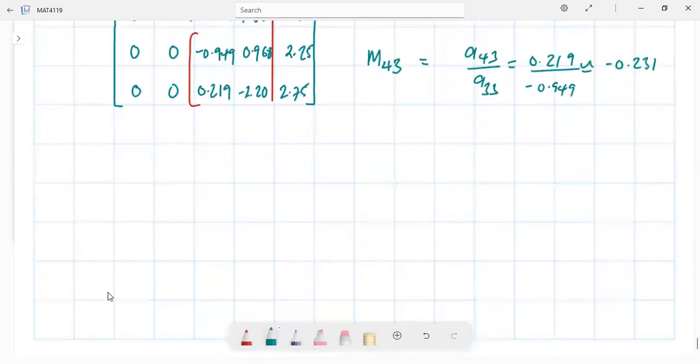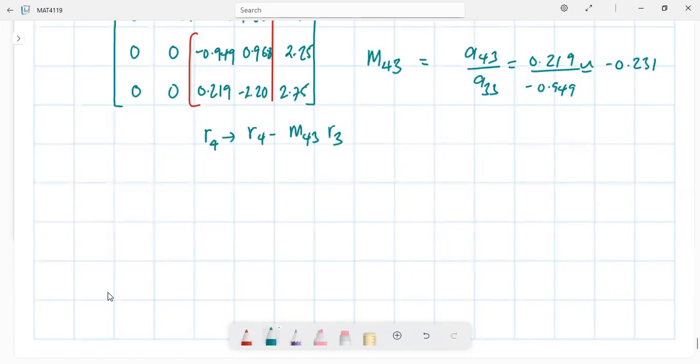Again, now we reduce that element, isn't it? So let's try to reduce this. When you try to do that, remember the operation is just for row 4. So row 4 is equal to row 4 minus M43 times row 3; we're using row 3 to reduce row 4.